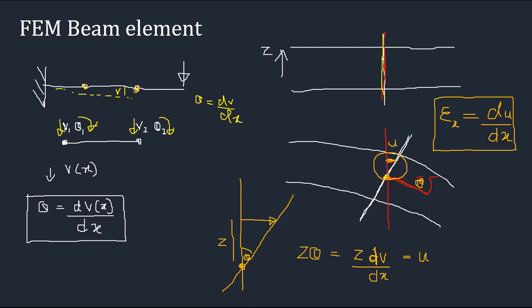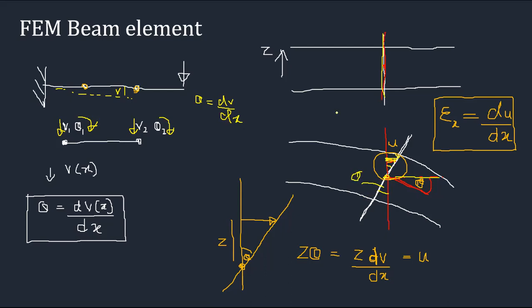It hasn't moved in longitudinal direction, but these points have now moved in longitudinal direction. It is even further when it is at the extreme fibers away from the neutral axis. So I'll call this deformation, the rotation is theta, and this angle will also be theta. Hence, this angle will also be theta.